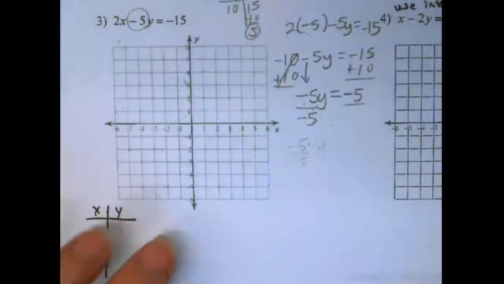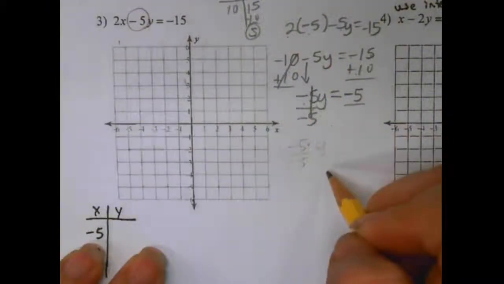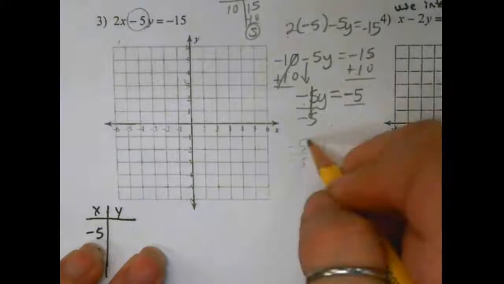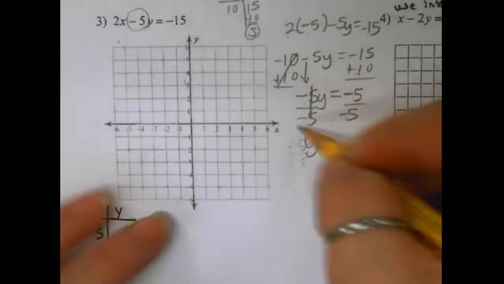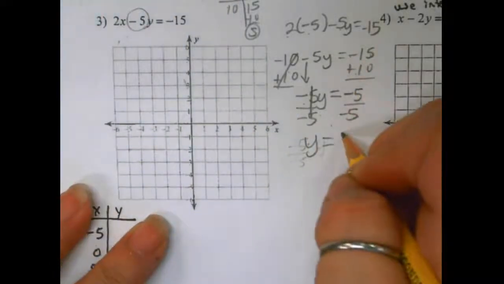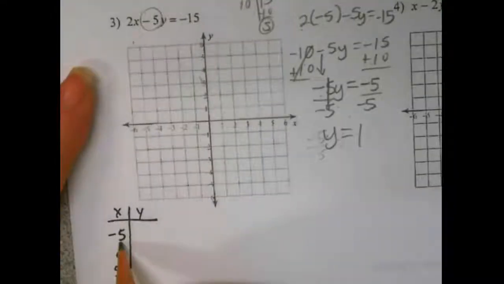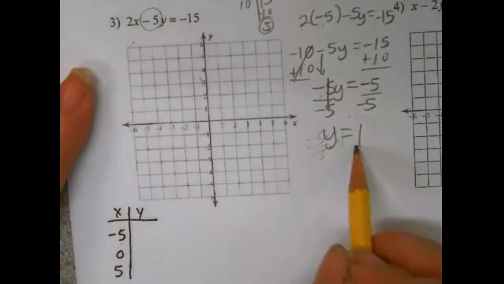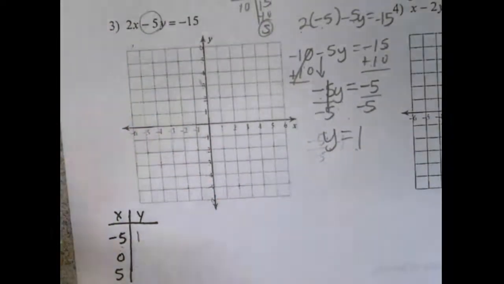So that becomes 1, right? 1y, or y, is now going to be equal to, what is negative 5 divided by negative 5? Same thing, right? It becomes what? Positive 1. So when x is negative 5, what is my y equal? So I know that I have another point to plot right here.